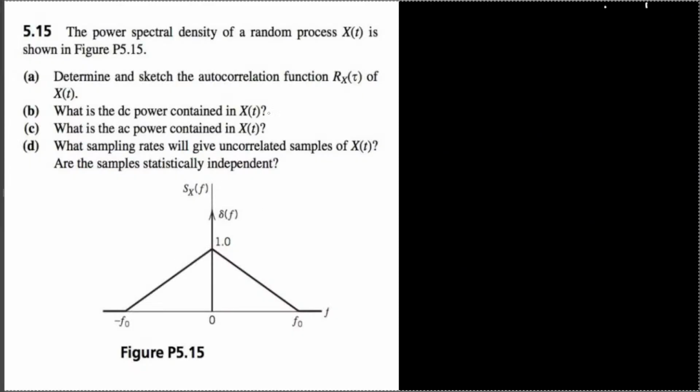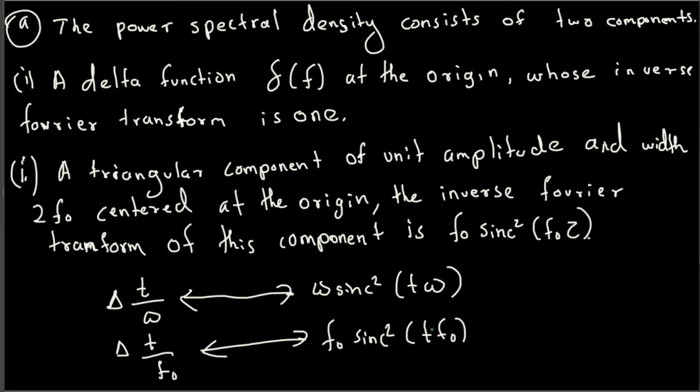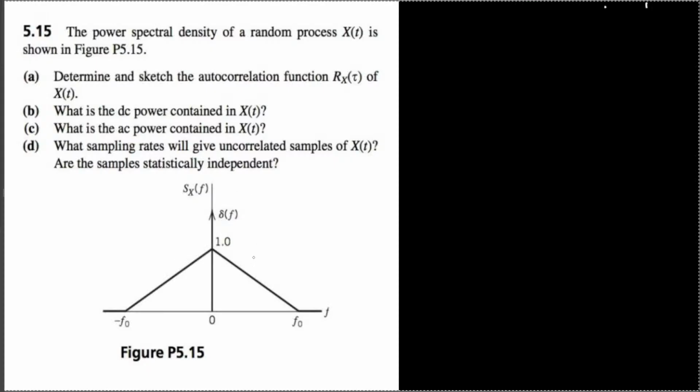In this case the bandwidth is f0. So we replace this with t over f0, so all the omega components are replaced with f0. So f0 sinc square t f0, and since the time is denoted by tau, we put tau for it. That's how we derive this one.